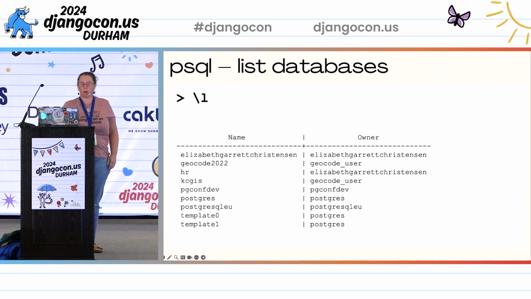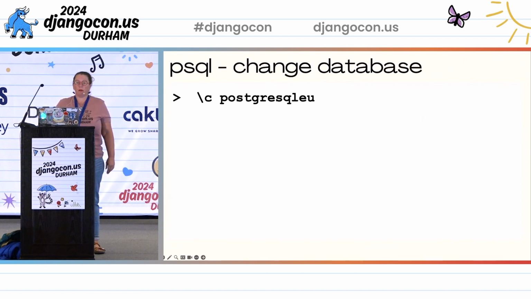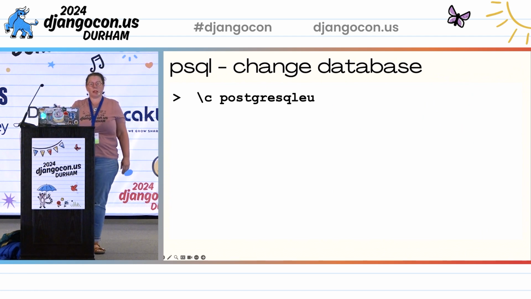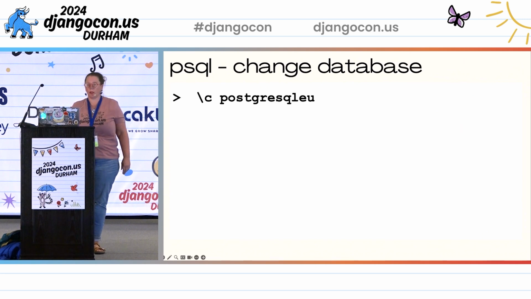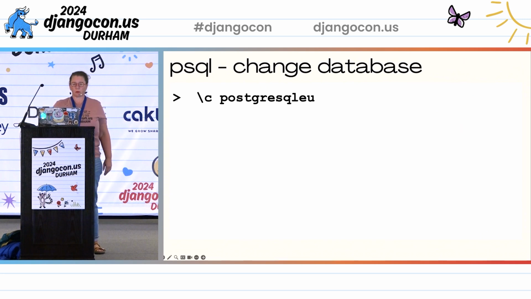I have probably 100 test databases. This is a small sample. You can find out all the databases inside this Postgres instance with the \l. If you want to change databases, you'll often land in the postgres database, but if you find other databases you want to work inside, you can do the \c and go into another database.